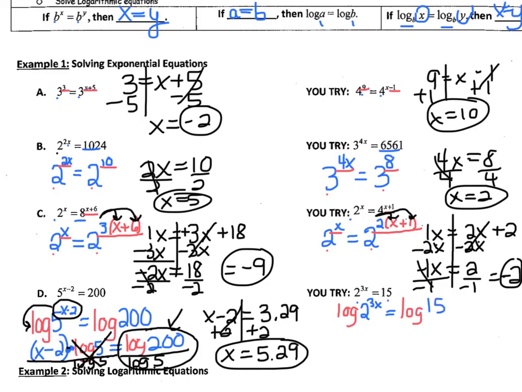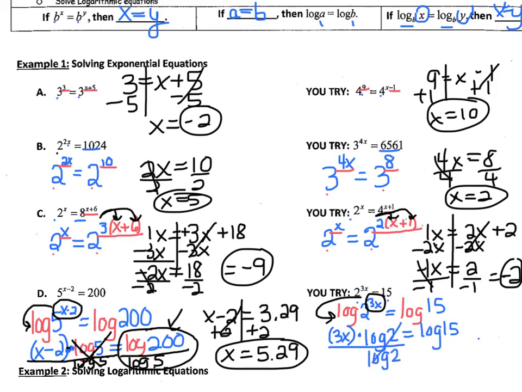And then we're going to use that exponent property, where we take that 3x and multiply it out front in parentheses. So we have 3x multiplied by log 2. 3x times log 2 equals log 15. Since these are multiplied together, we're going to get rid of log 2 by dividing by log 2.